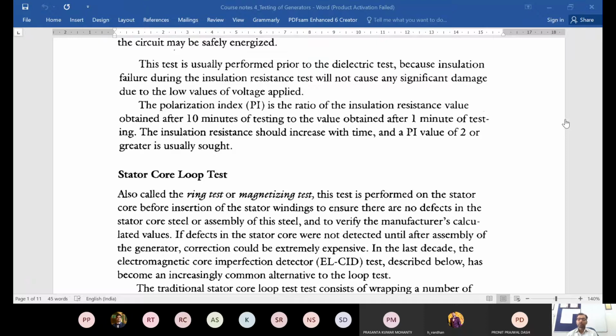So we subject it to that voltage for 10 minutes, and the accumulated charge is reflected as the insulation resistance increasing over time. The polarization index value should be 2 or higher, so the insulation resistance should be almost double after 10 minutes as compared to 1 minute.